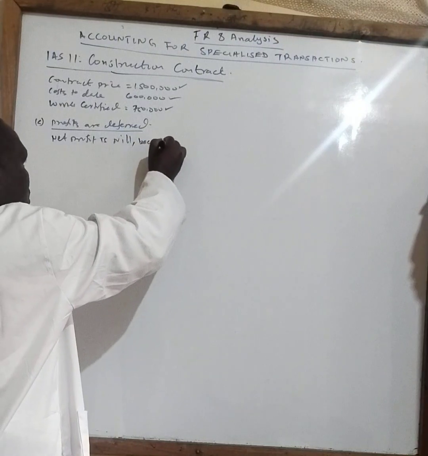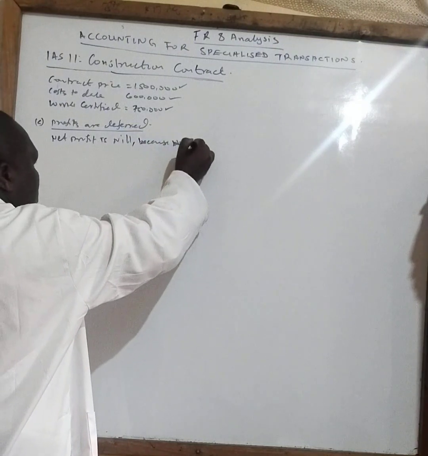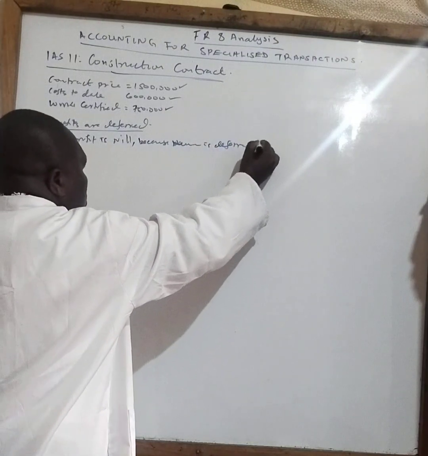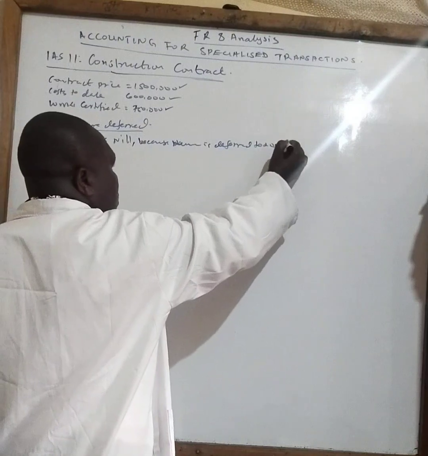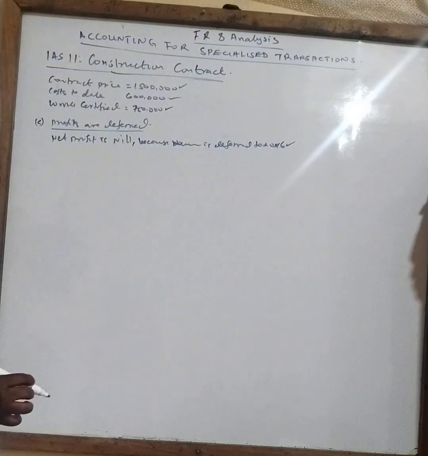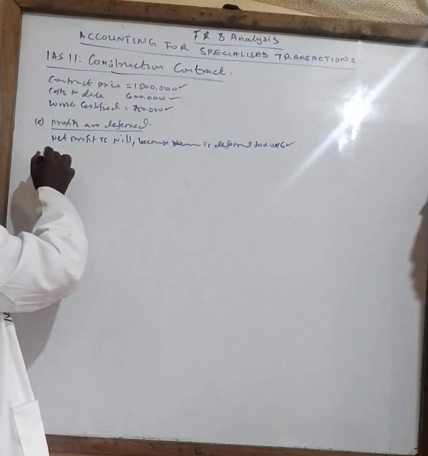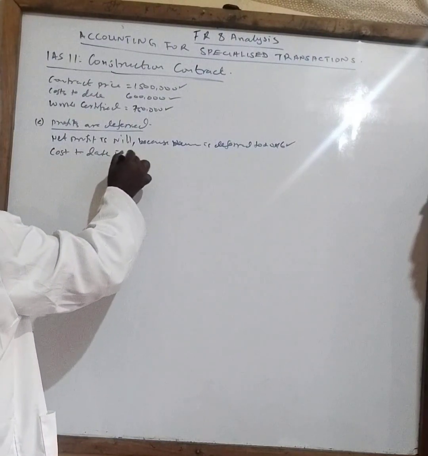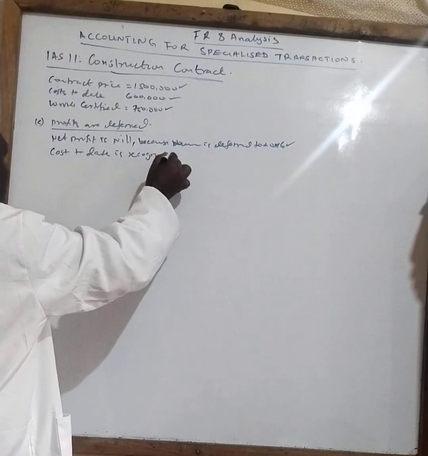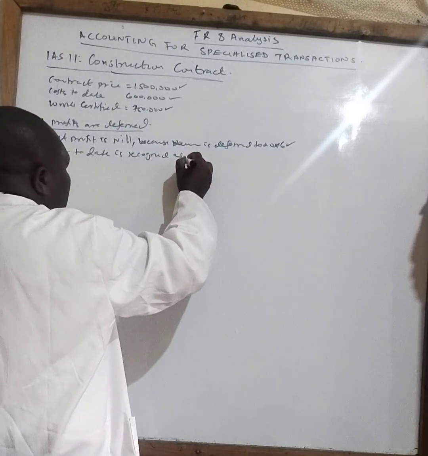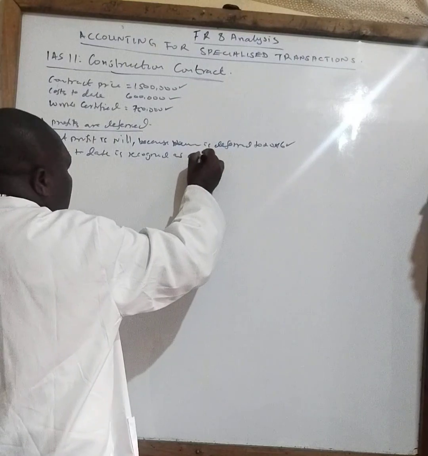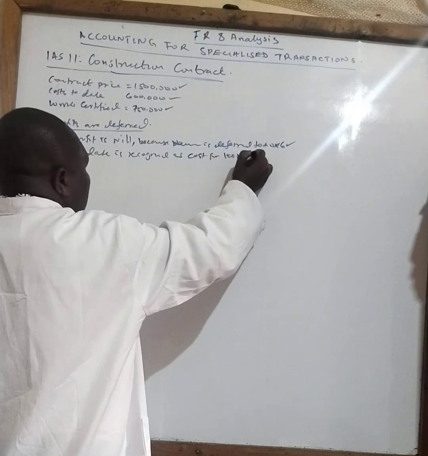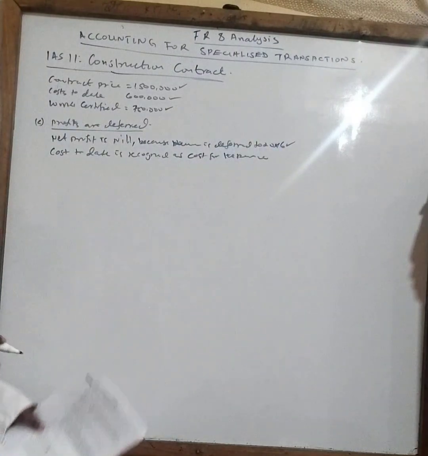Because revenue is deferred to which year? 20x6. But cost to date is recognized as receivables, as cost for the period. That is very important.